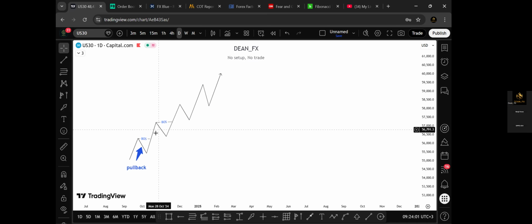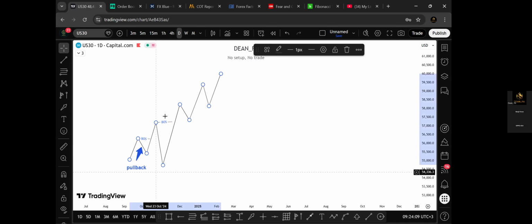the higher low must not be broken. If this price, for example, breaks this zone here, it might be a liquidity sweep or something, but liquidity will be one of the topics that we'll be handling later. But usually, for a break of structure to work or be perfect, the higher low must not break the previous higher low.